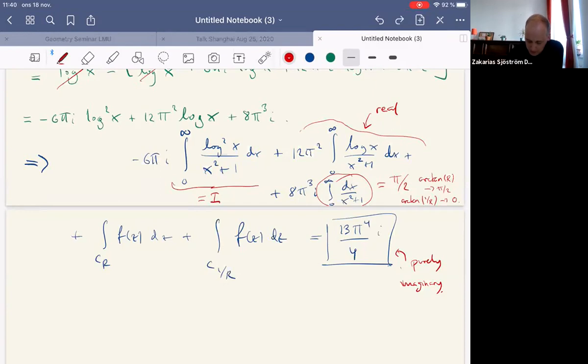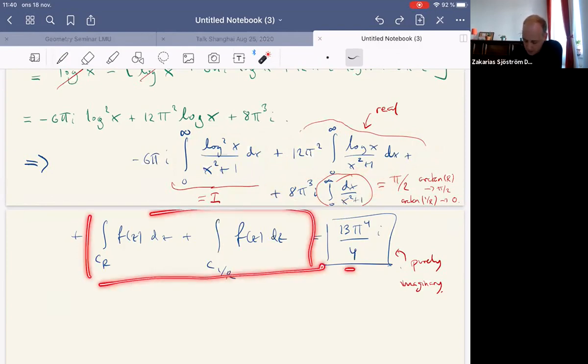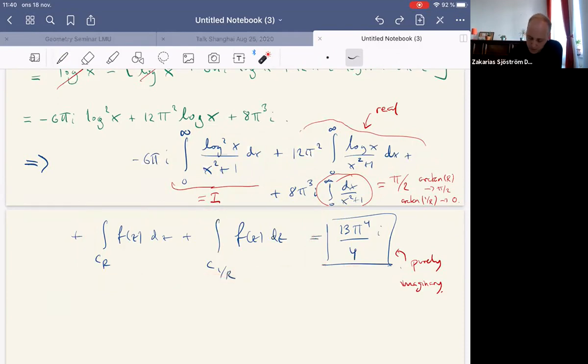But we know that this minus 6 pi I times this integral we were interested in here, plus something real, plus, this one will not play a role, plus 8 pi cubed I times pi half over here. And then these remaining things that we don't yet know what they do are equal to this thing here. So we are almost there.